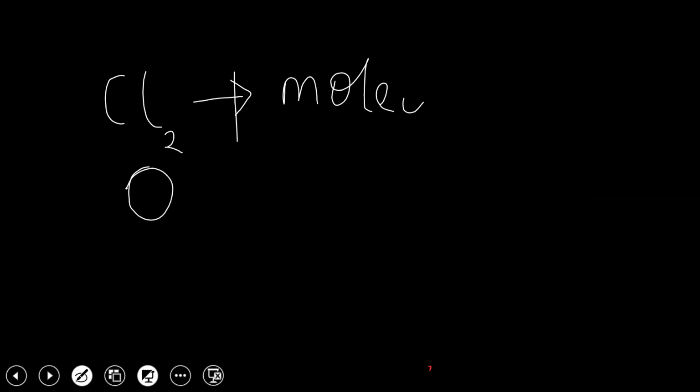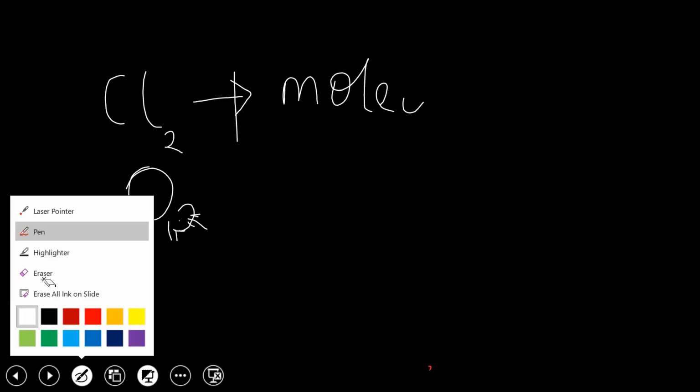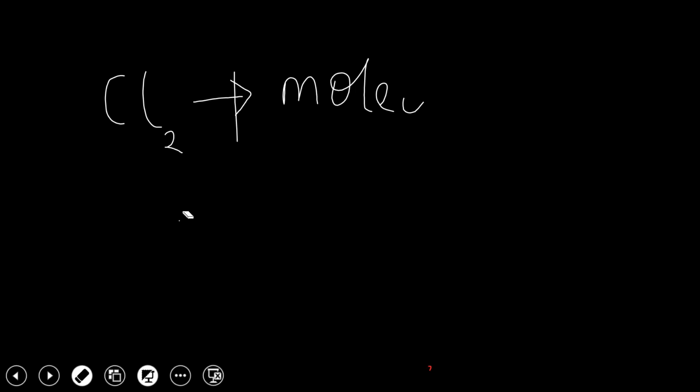This one has 2 atoms of chlorine combining. So when 2 or more atoms combine, they form a molecule. This is a molecule. Then you have oxygen. Oxygen is the same case.